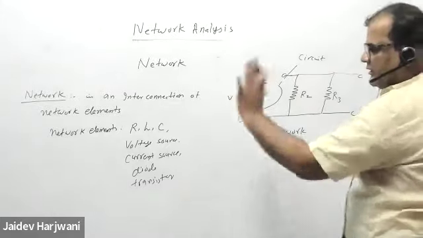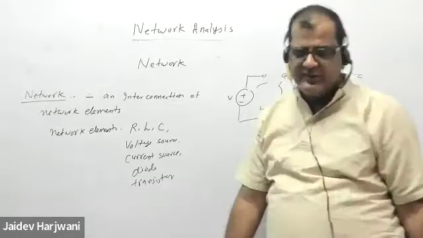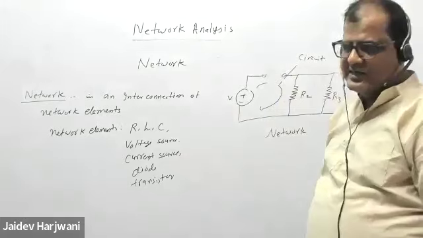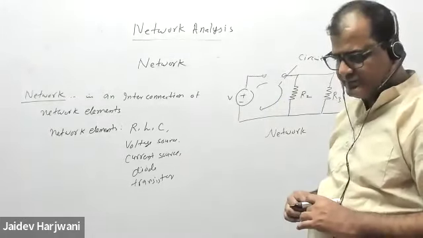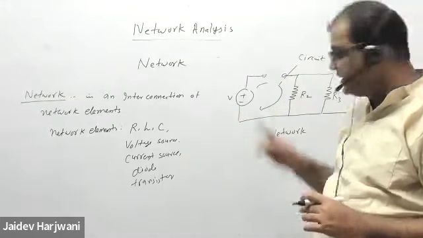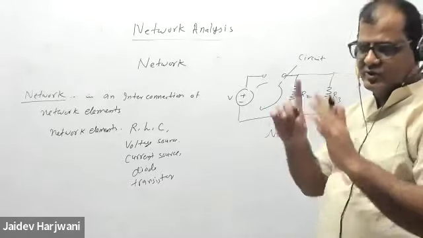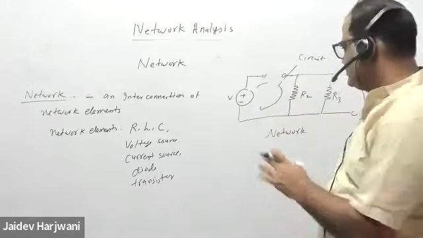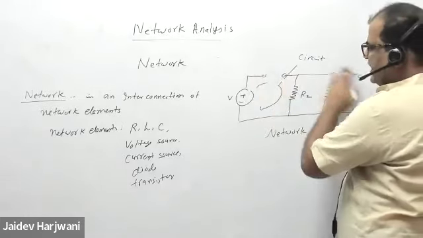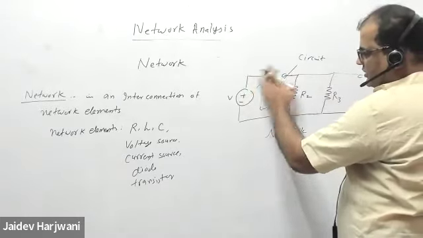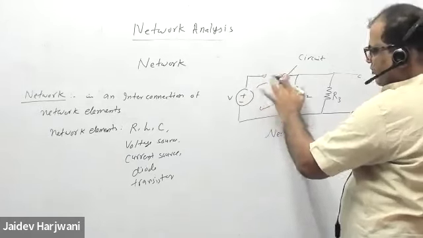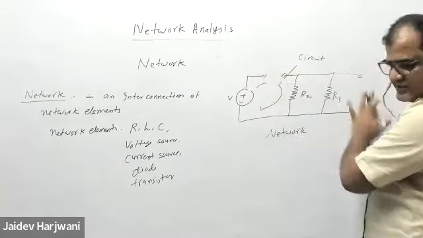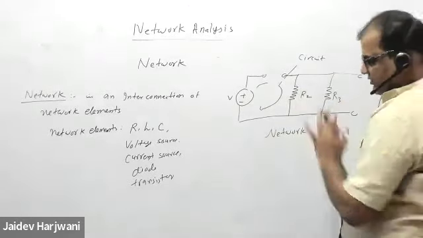A network is simply an interconnection of electrical components. It can have a break, but a circuit should be closed without any break. So this small section is a circuit, but if I open this one, it is not a circuit, but still a network.